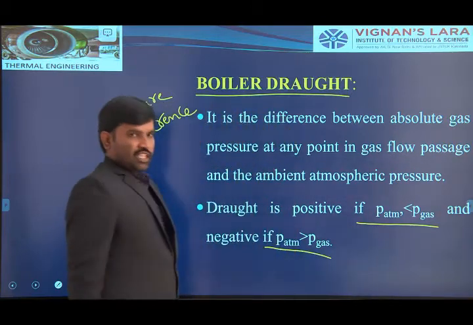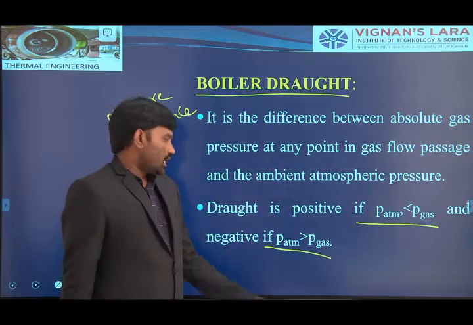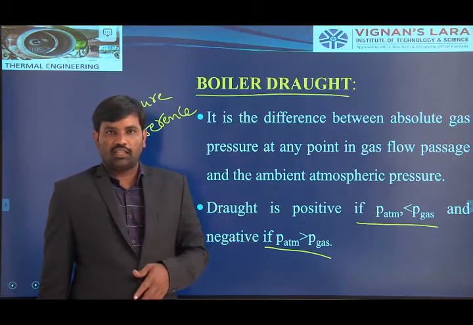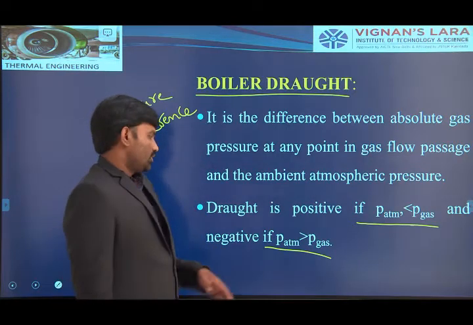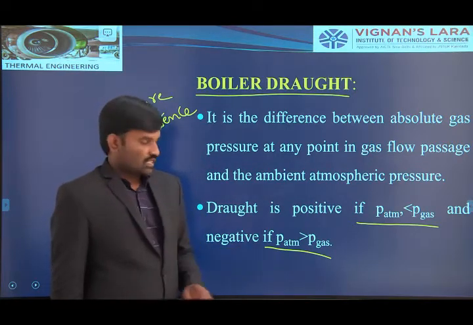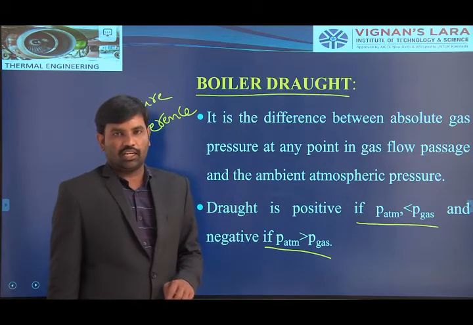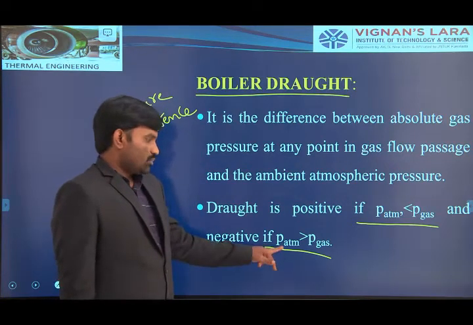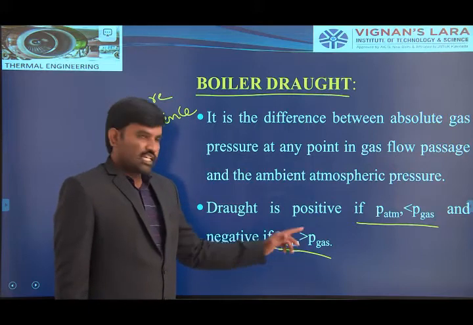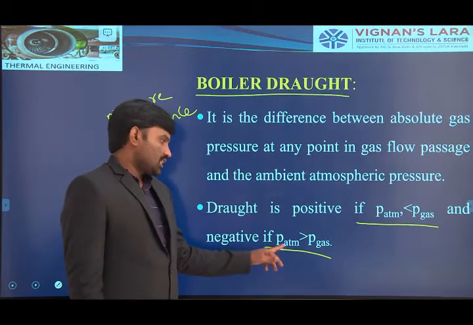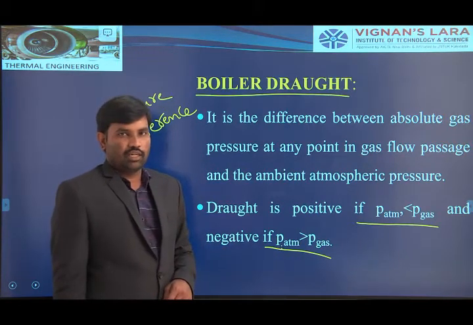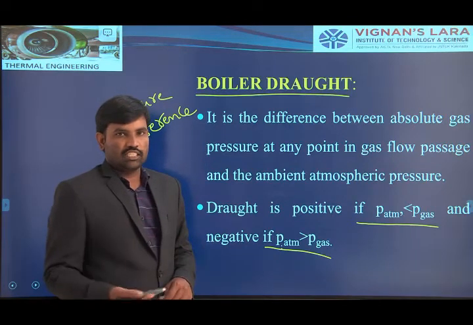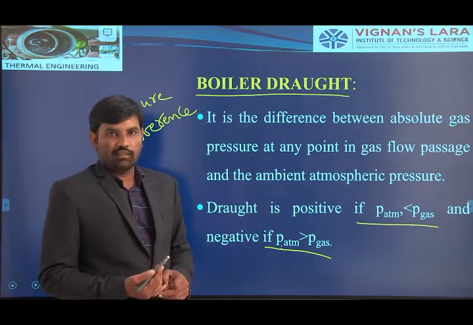If the atmospheric pressure is more than the gas pressure inside the boiler combustion chamber, that type of pressure difference is called negative pressure difference, or negative draught. In that case the atmospheric air enters the boiler combustion chamber, and after utilizing its energy we produce the combustion products.